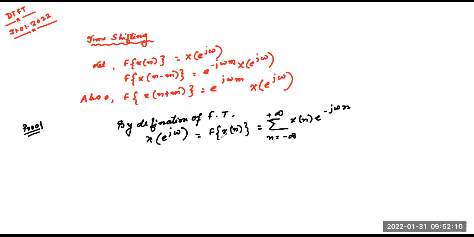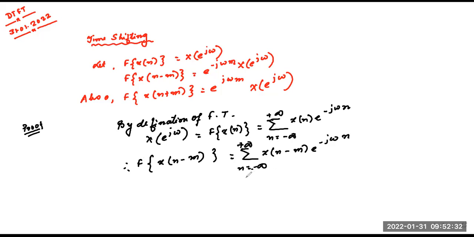So that is the Fourier transform. Now the Fourier transform of x of n minus m is the summation of n equals minus infinity to plus infinity x of n minus m into e to the power minus j omega n.